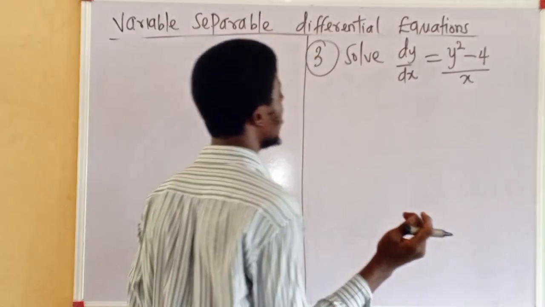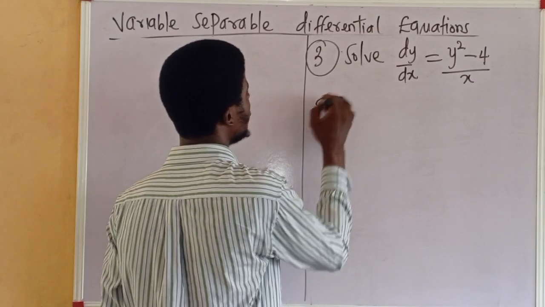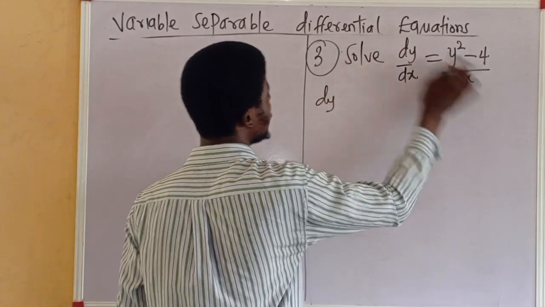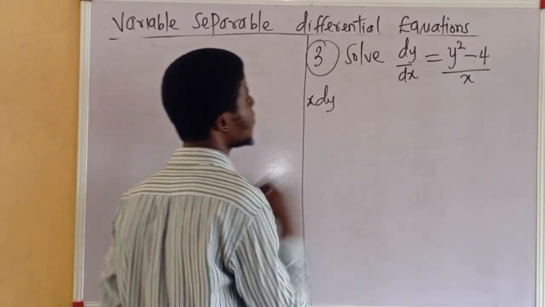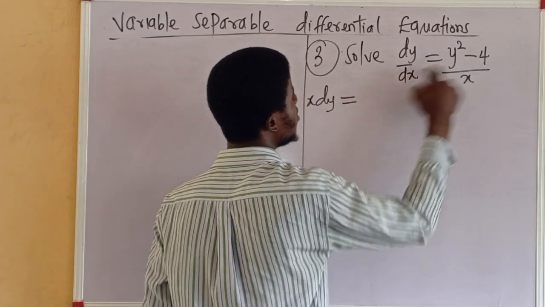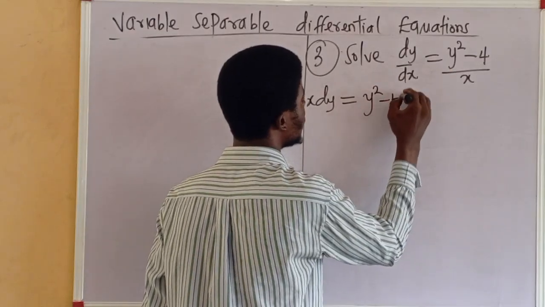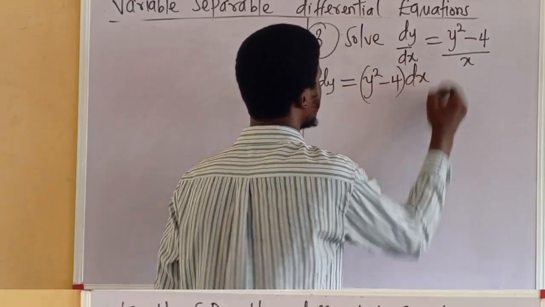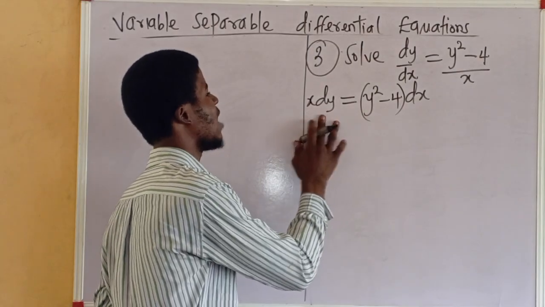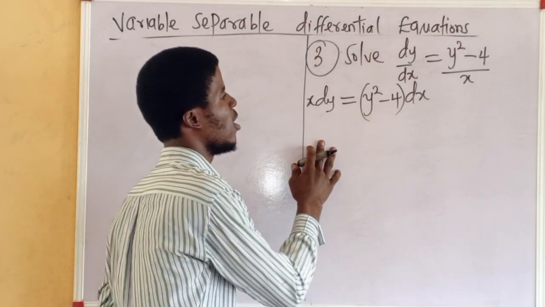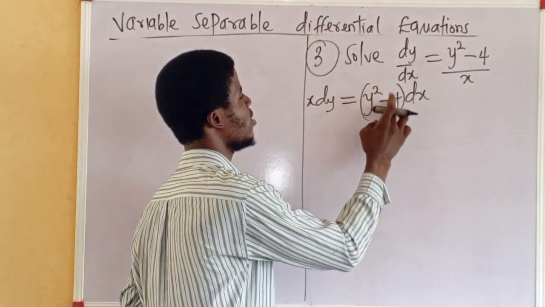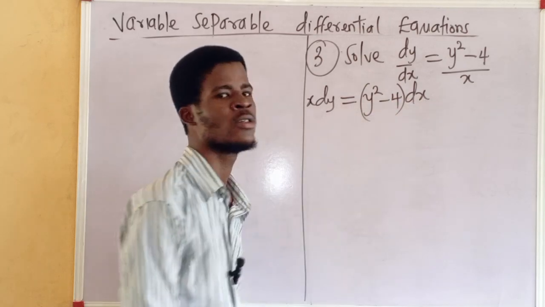If we cross multiply, we'll have x dy equal to (y squared minus 4) dx. On the left hand side, I have x dy. On the right hand side, I have (y squared minus 4) dx.